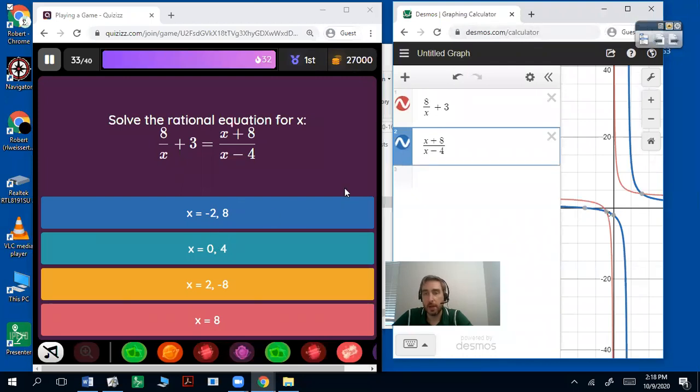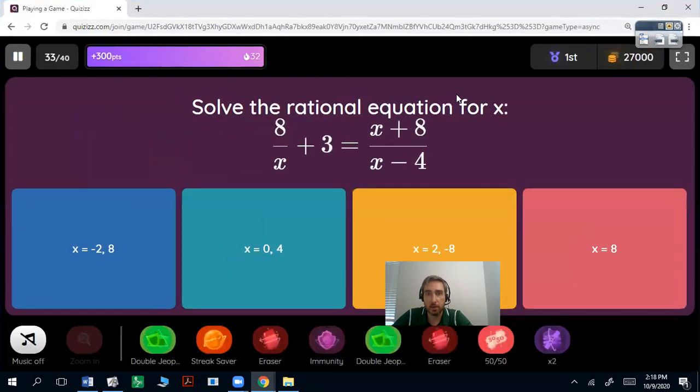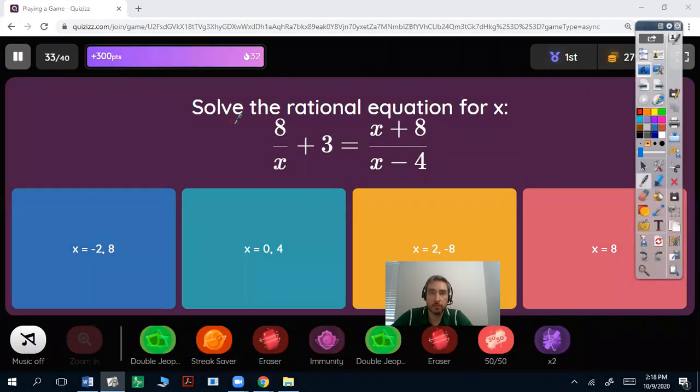Now you can solve that by hand with some LCD methods if you'd like. Here's how that's going to work. You're going to take your LCD, x times x minus 4. Cancel out.